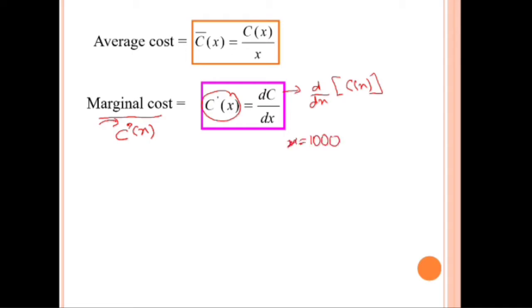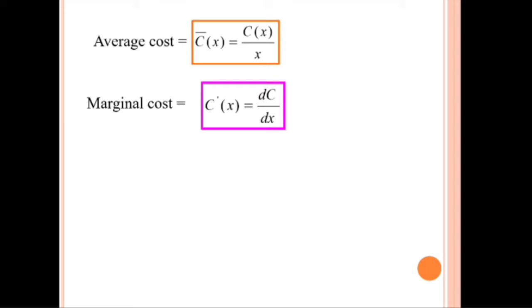For example, if the handphone factory has produced 1,000 units, what would be the extra cost incurred by that factory if it wants to produce 1,001 units? To find the extra cost of producing one more unit after 1,000 units, we just find C prime (x), which refers to marginal cost, and then substitute the value of 1,000 into that x.